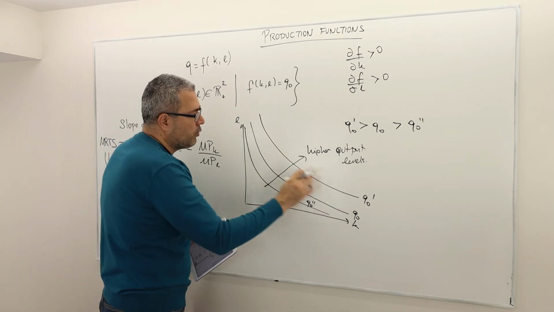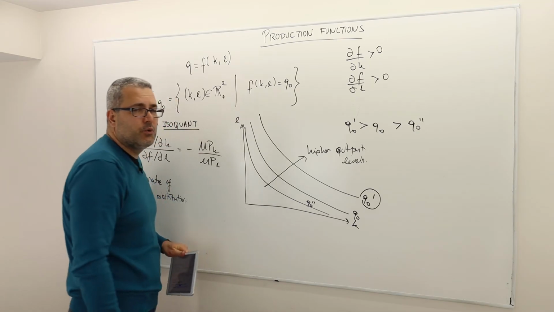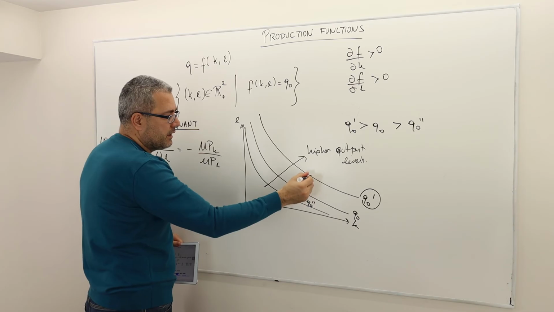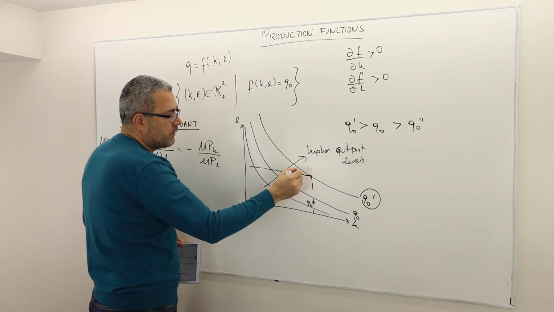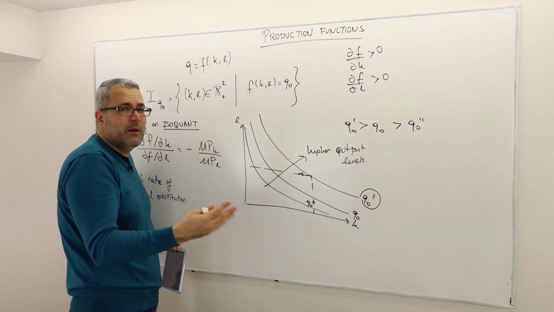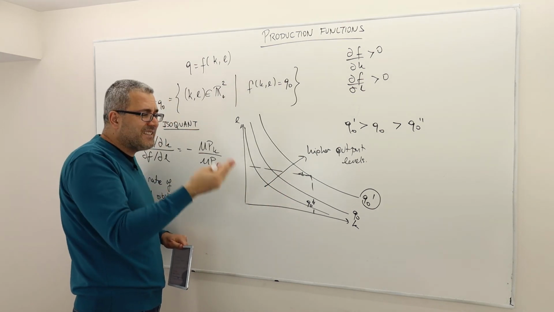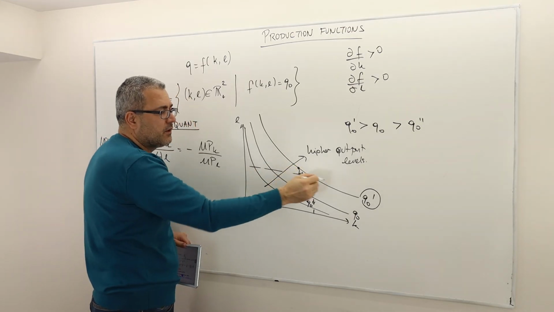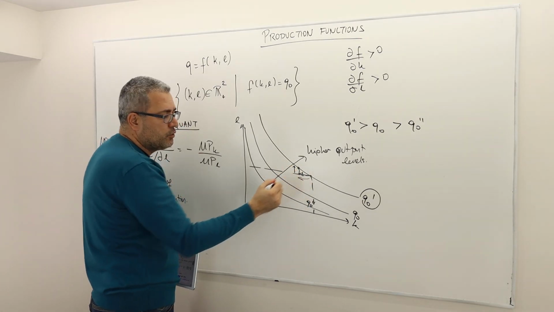So on one isoquant, I would like to keep my production level Q0 prime, let's say, and so I am here, using this much capital and this much labor, and I would like to move slightly to this side, meaning I would like to use less capital, maybe because capital is too expensive. But I don't want to produce less, I want to produce exactly the same amount of output. And so I would like to come back to this curve.